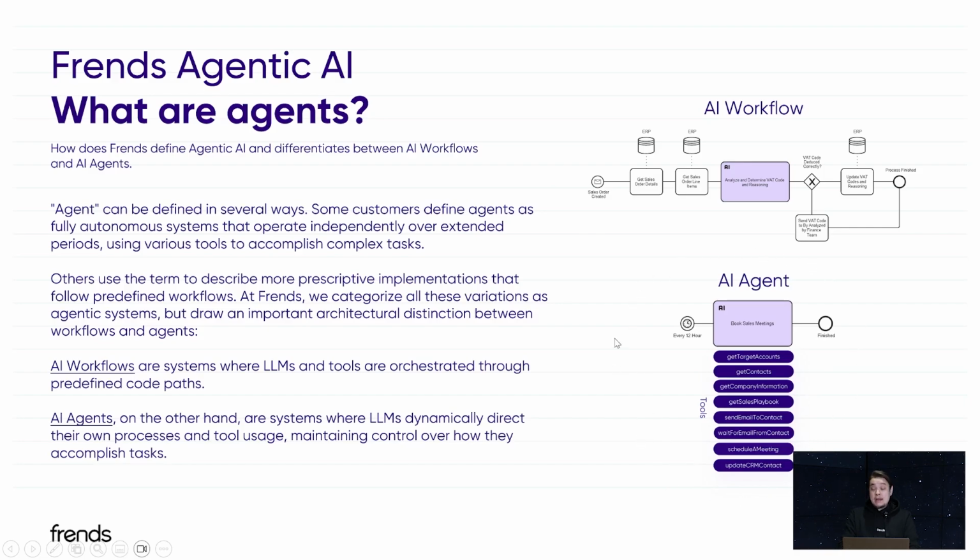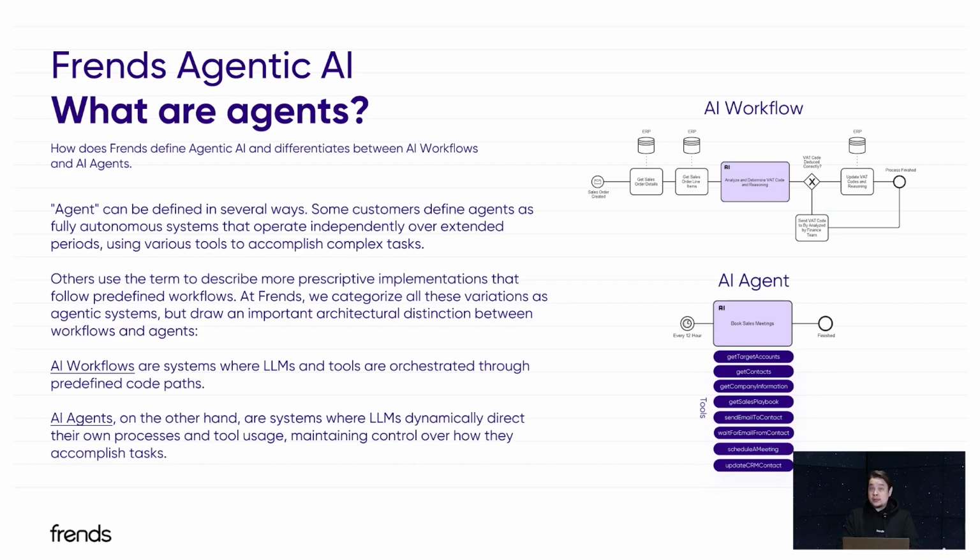The main difference is between the two maturity levels we just covered, where the AI workflow is a normal integration or automation solution, where we have just utilized AI to provide either existing functionality, new functionality, or more intelligence to the processing in a general way.